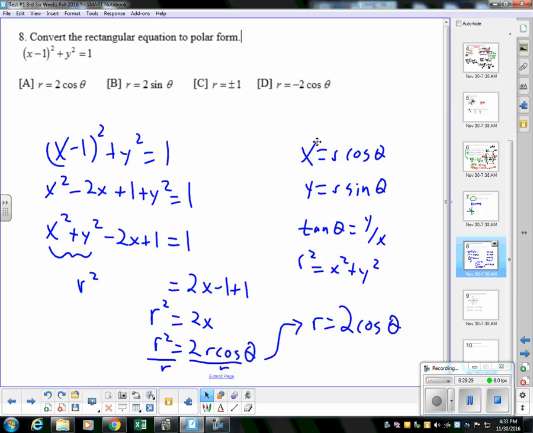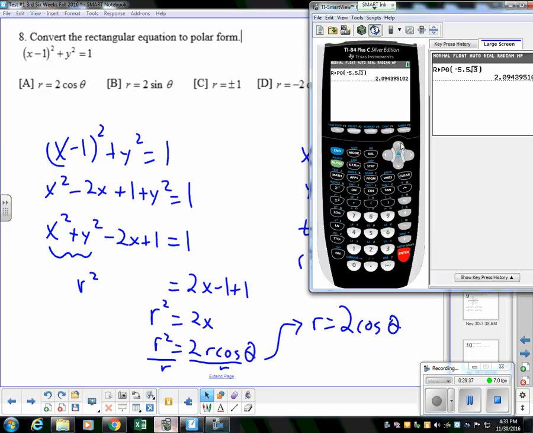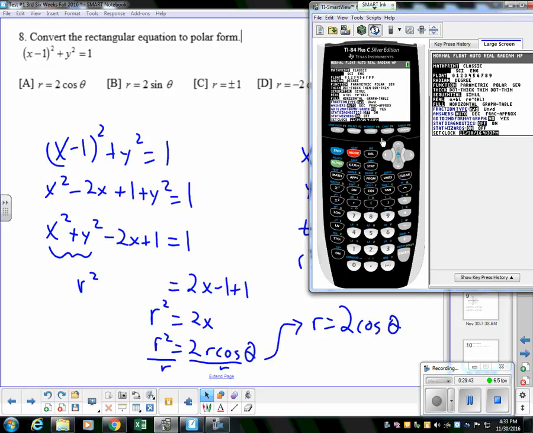In fact, I am going to try to pull that one up and graph it. All right, the first thing you need to remember is that if you're going to graph, you need to be in degree mode. That works better for graphing. And you also need to be in polar mode.